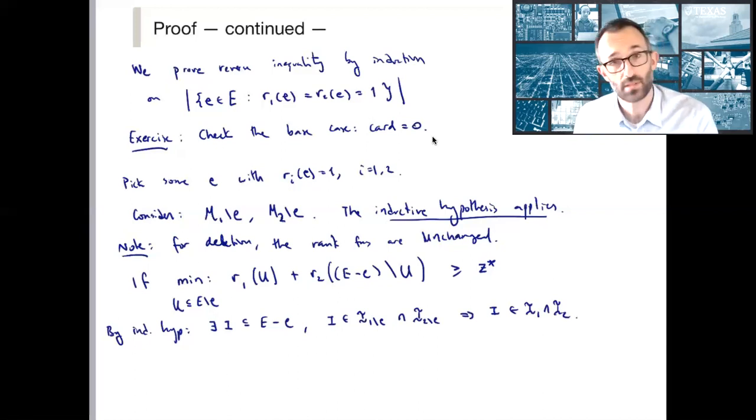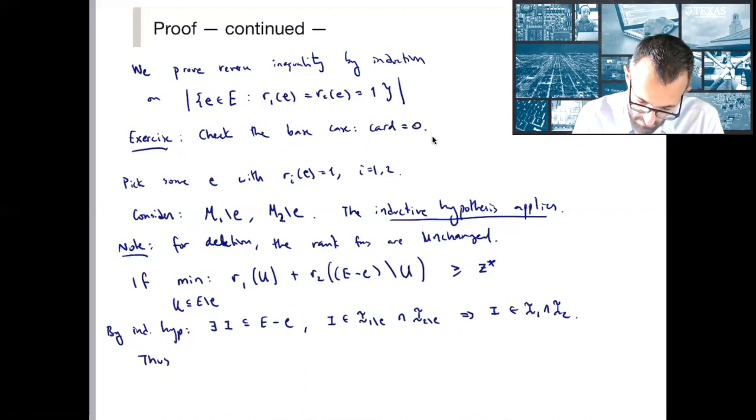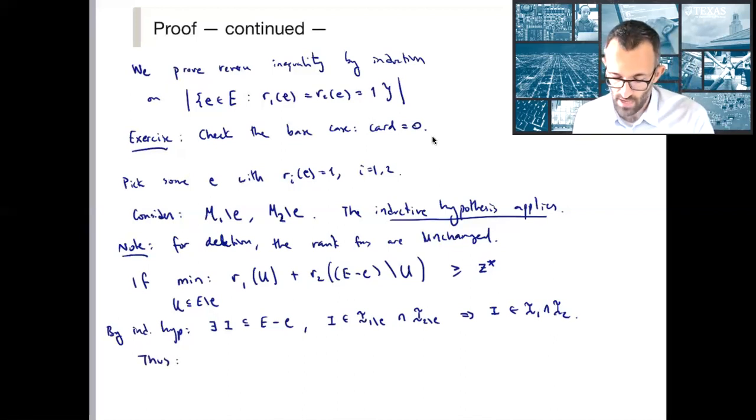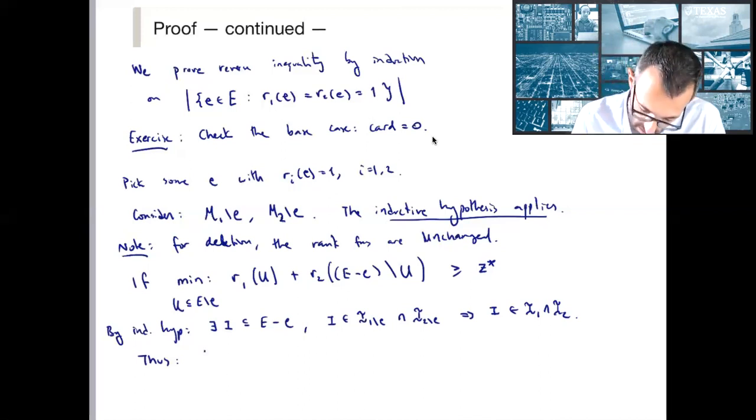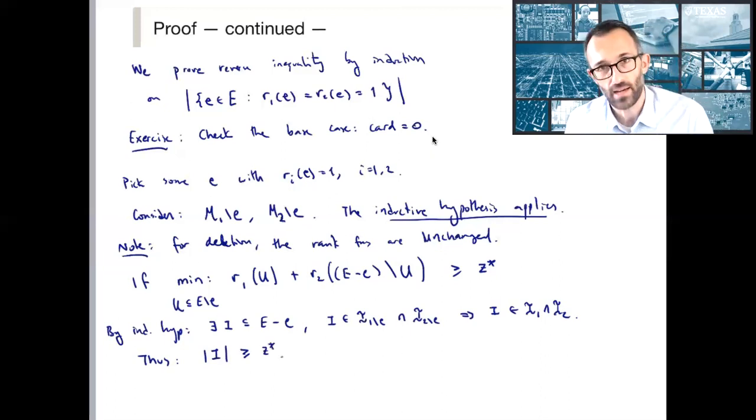And you can therefore see that in that case, the cardinality of I would be bigger than or equal to Z star. Again, how did we get this? What does the inductive hypothesis tell us?